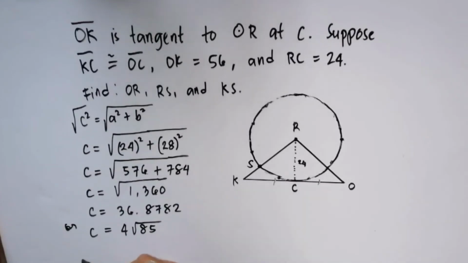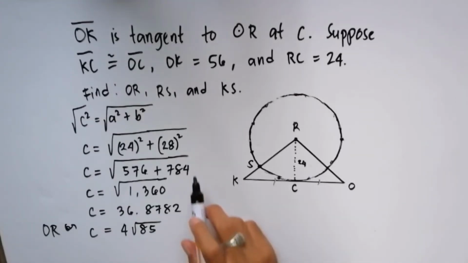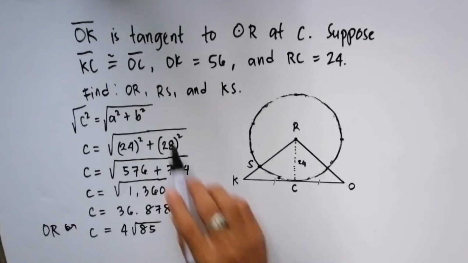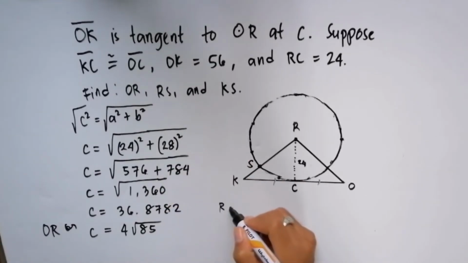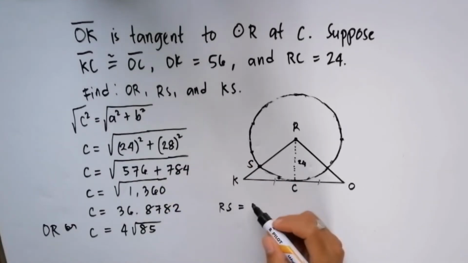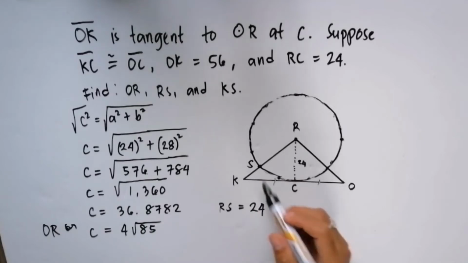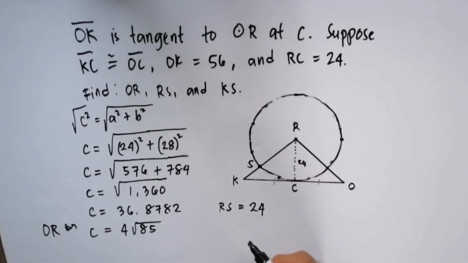So C or RO or OR. Okay, so this is our OR. Then how about the RS? The measure of RS is equal to 24 because that is a radius.